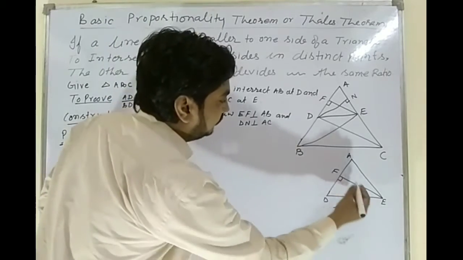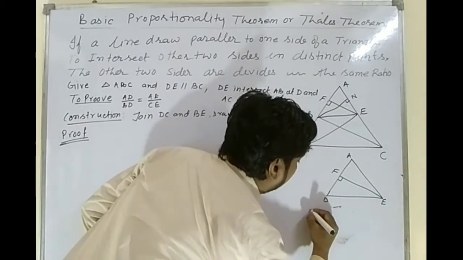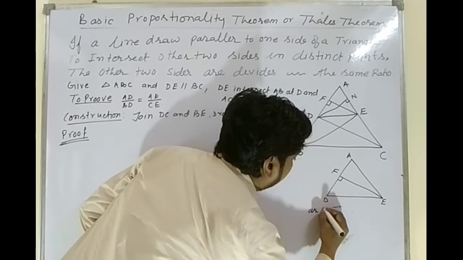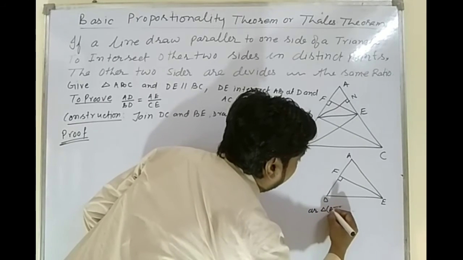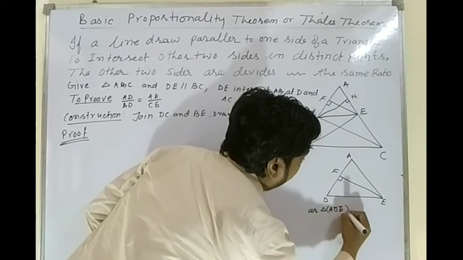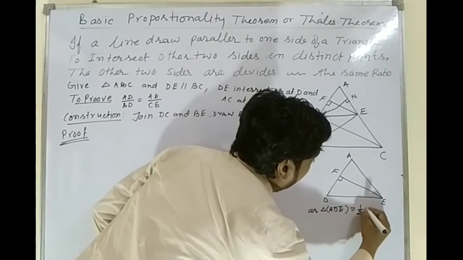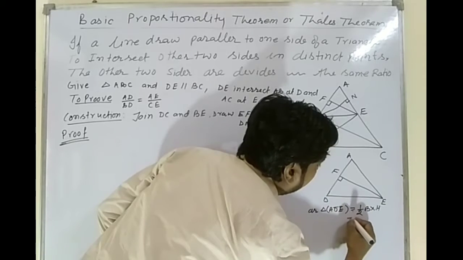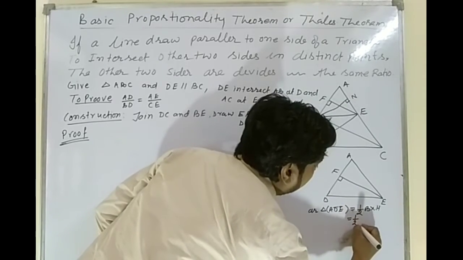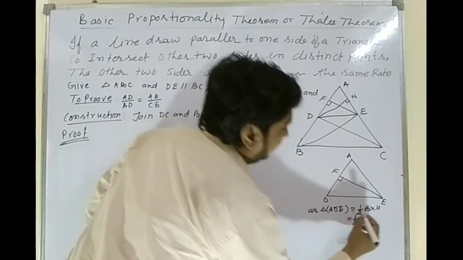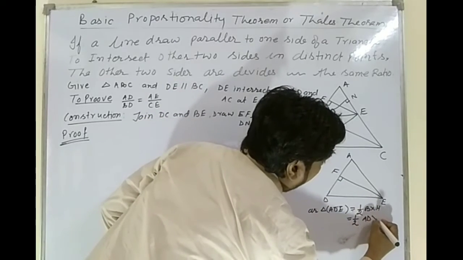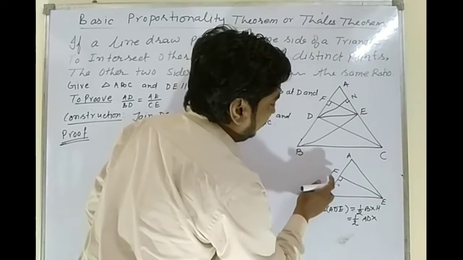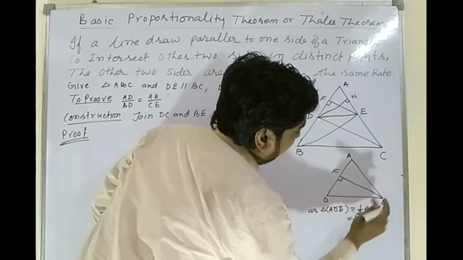So area of triangle ADE equals 1/2 base into height. Here the base is AD and the height is EF.